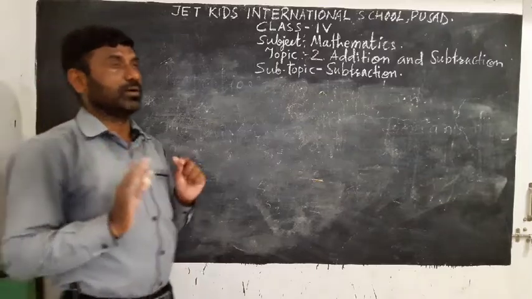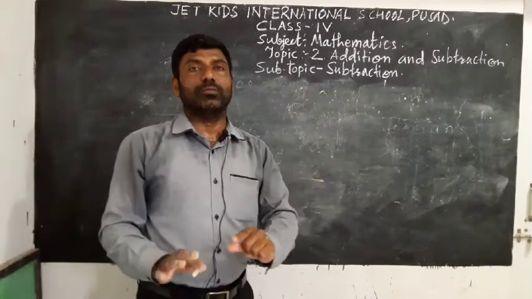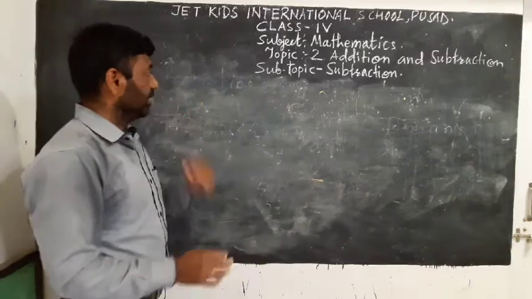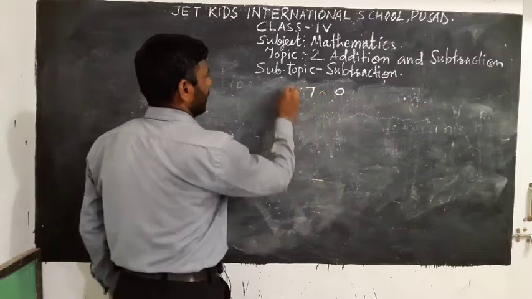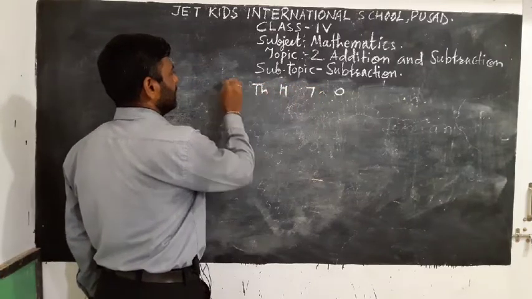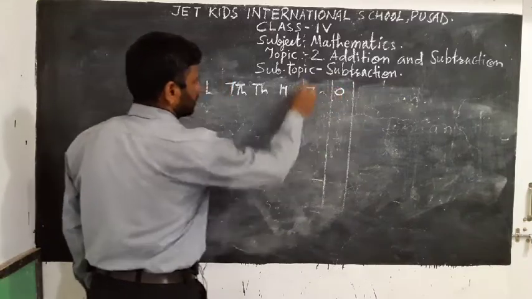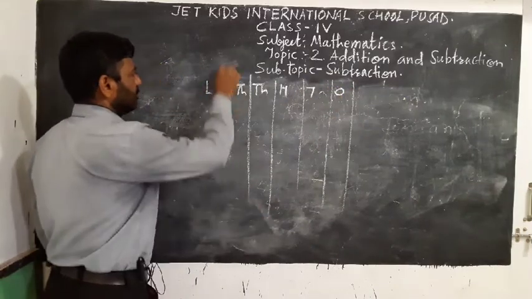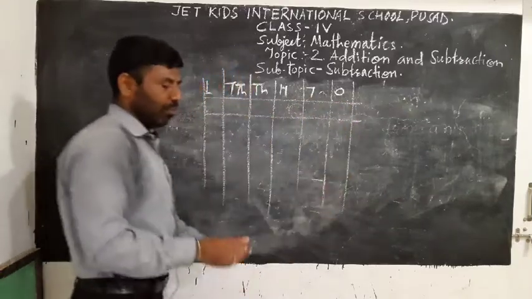Now this is very important. Some students still have problems with how to subtract when zeros are there. Let's see. Ones place, tens place, 100 place, 1000 place, 10,000 place, suppose lakhs place. Some students are still confused about how to subtract and how to borrow.